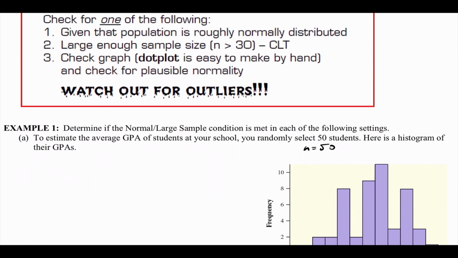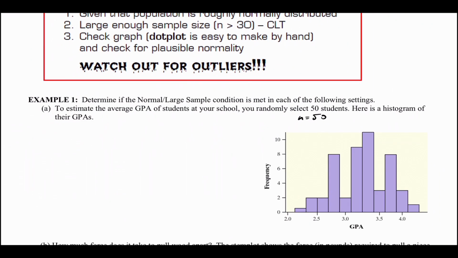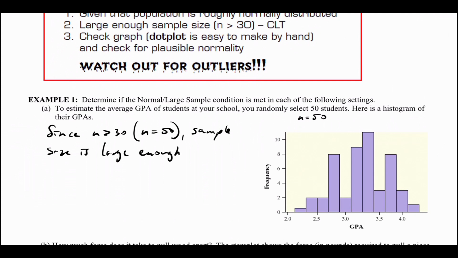Yeah, it's bigger than 30. So we would say since n is greater than 30, sample size is large enough by the central limit theorem. Okay.